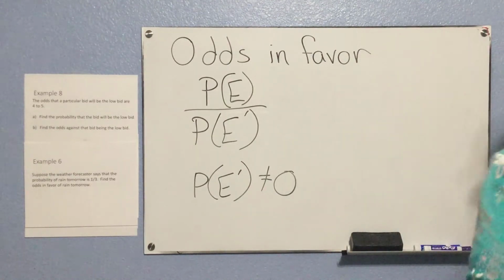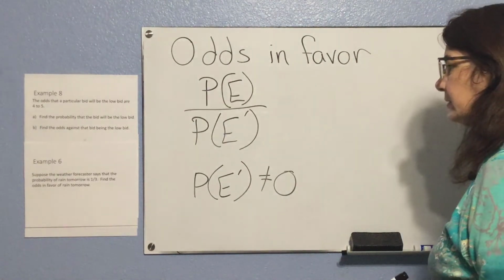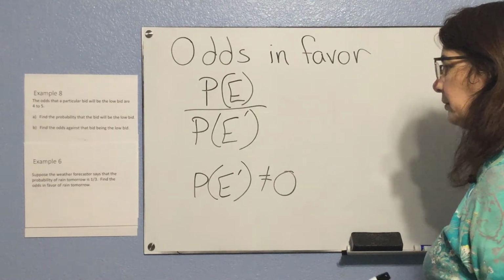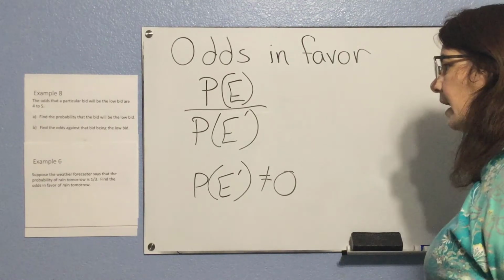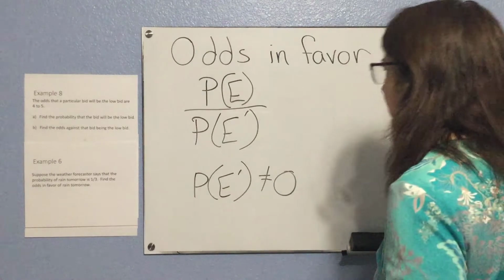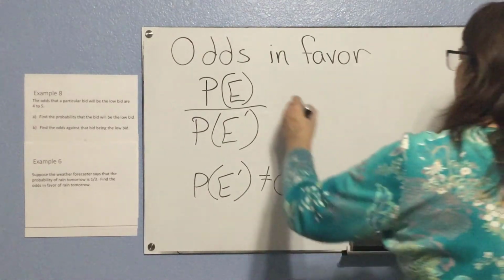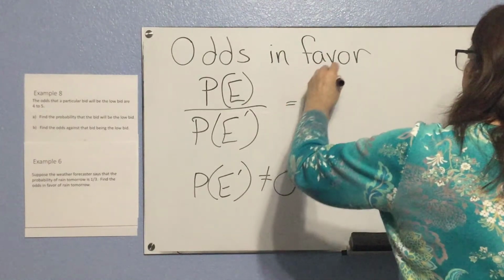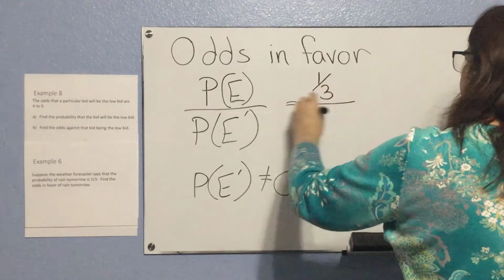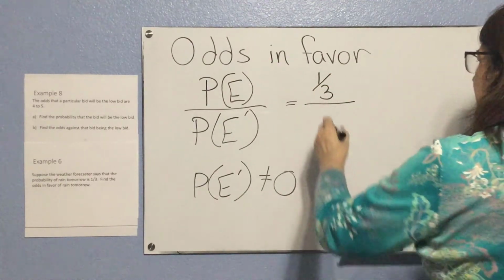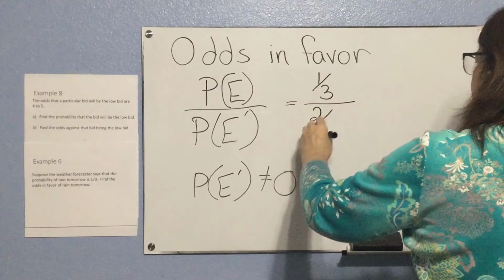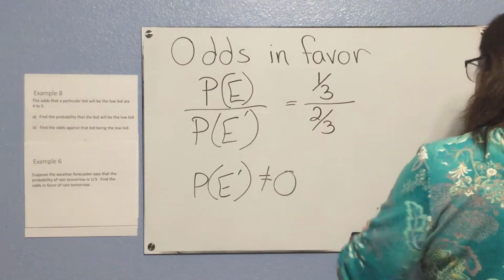So, suppose the weather forecaster says that the probability of rain tomorrow is 1/3. Find the odds in favor of rain tomorrow. So the probability of the event is 1/3, and the probability of the complement is 2/3.